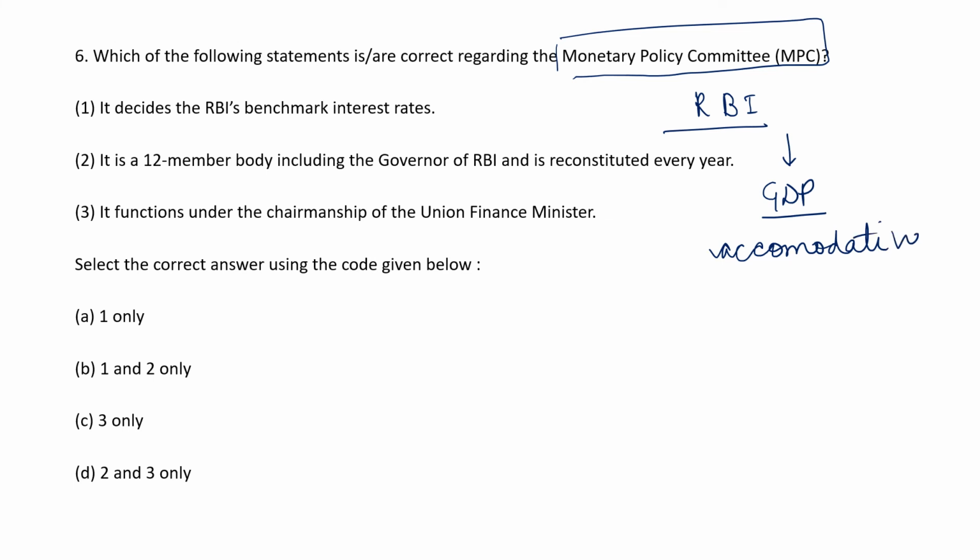So why do they need to consider the accommodative stance? What is the CRR at that time? What is the repo rate? So various decisions need to be taken by the RBI because they need to look at what condition the country's economy is facing at the time.